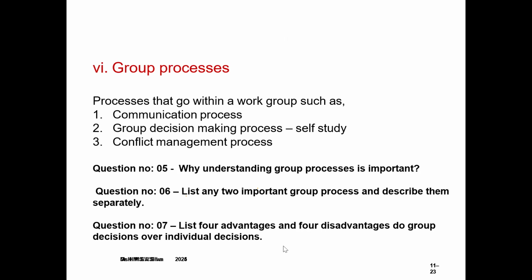These are exam focused questions, so you are obliged to find four advantages and four disadvantages of group decision over individual decision. So try to list three advantages and three disadvantages from your end.